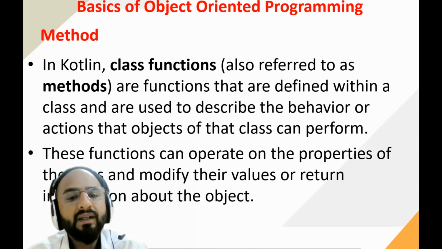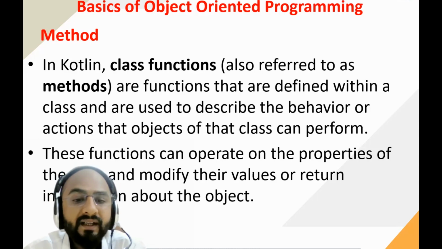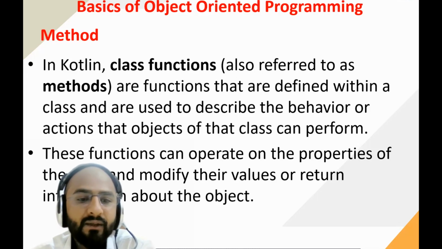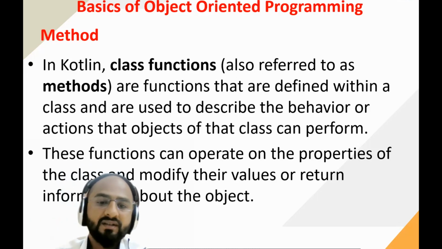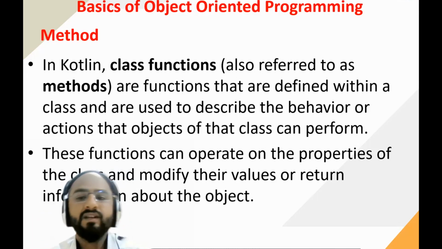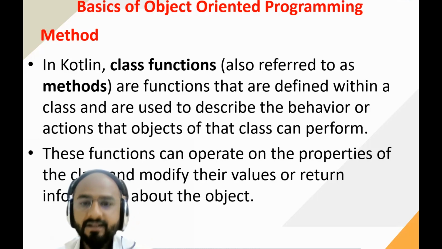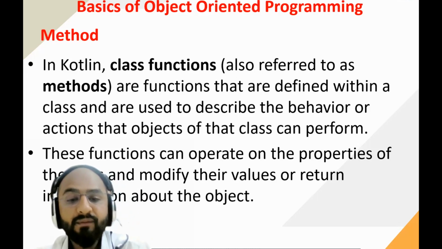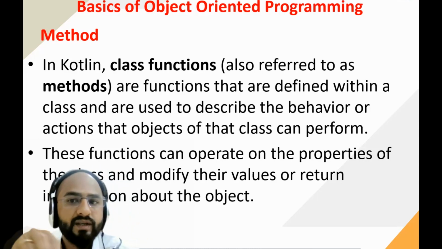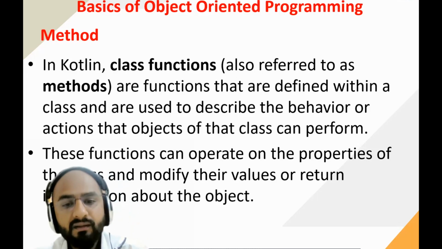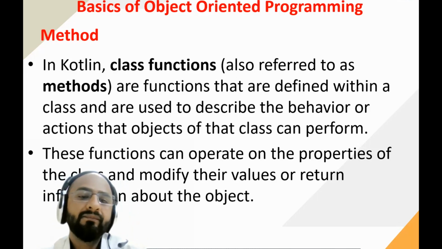It is also used to return some information about the object. When you are creating a method, it can return some information, some value of that particular object, by using a return statement. This is the basic concept of programming, but currently we are focusing on object-oriented programming. So this can be done by using methods in the class.